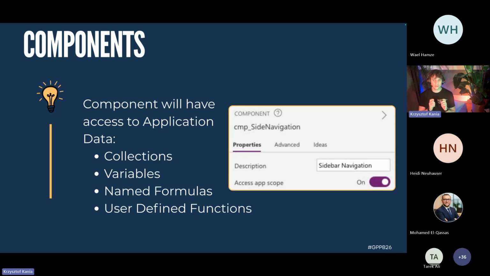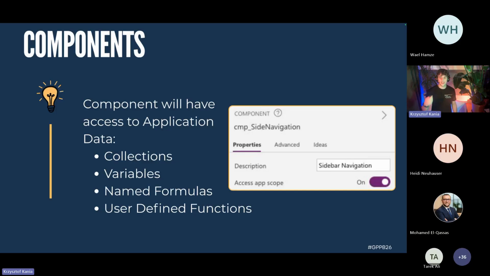But before you start your work with components, you have to be aware that components by default do not have access to your application data scope. What does it mean? If you connect your application to SharePoint lists or Dataverse tables, your component will not be able to see those data source relations.